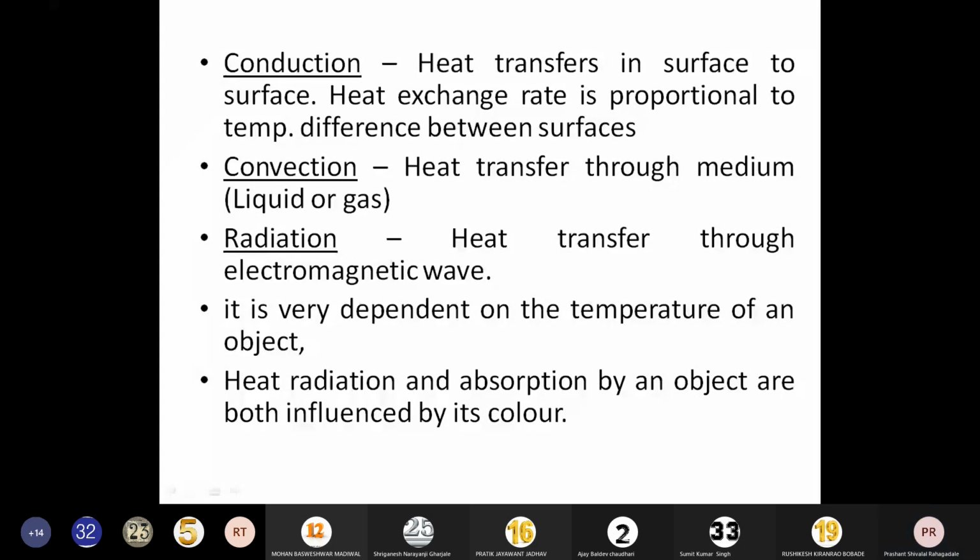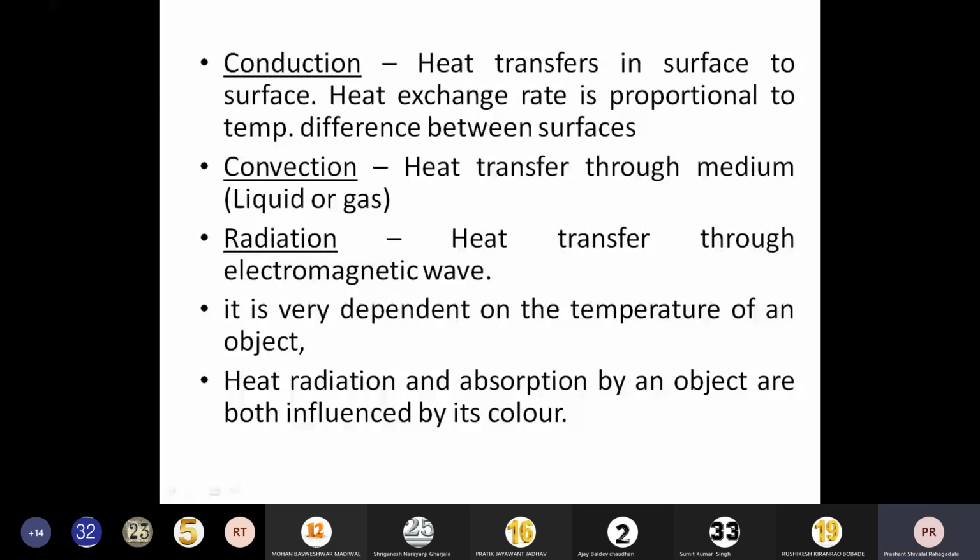When your body comes in contact with cold water, the heat from your body tries to give temperature to the water, but the water is already cold, so the temperature may rise or may not rise depending on the external environment. So that is called conduction.